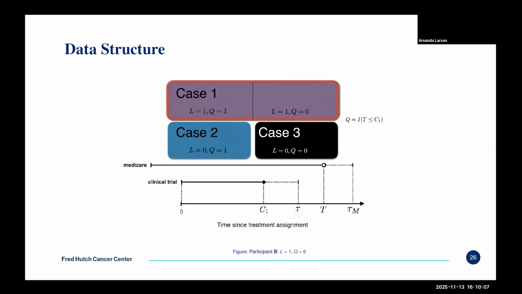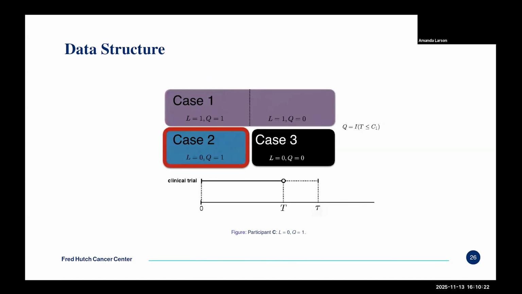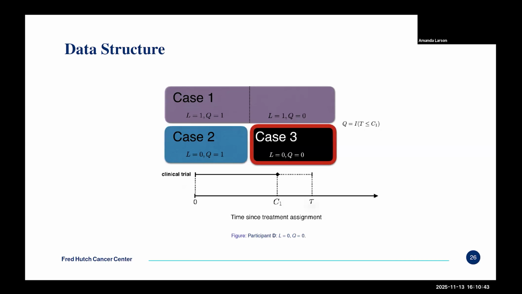The second participants are those who are censored in the trial, but later we link them in the Medicare data, and that gives us more events. That's what we like, we get more participant event data. Case 2 are those who are not linked but have an event in the trial, so we also have that information. And the last case are those who are censored and also do not have follow-up data.